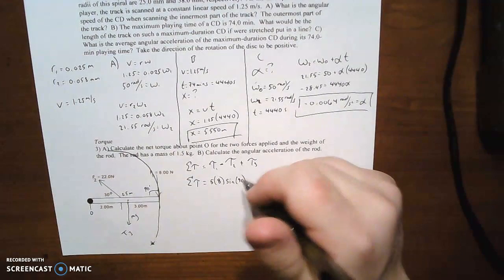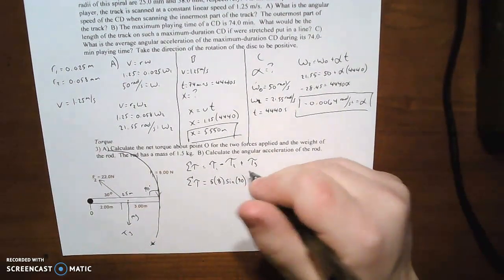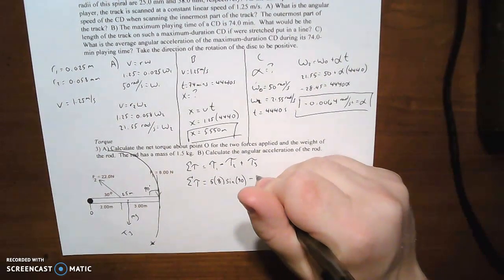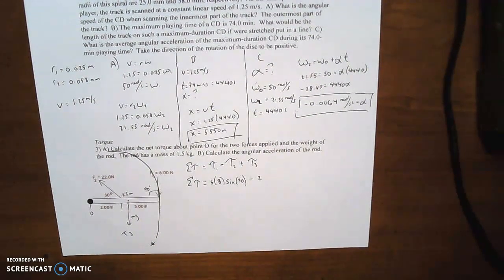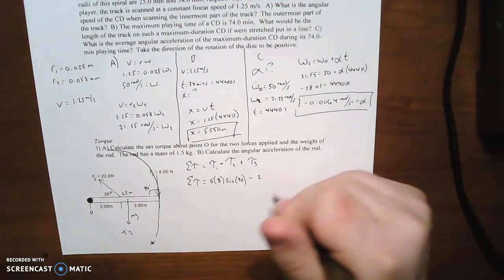Okay, torque 2. This time we have a radius of 2, because it's attached at a different location on the rod.